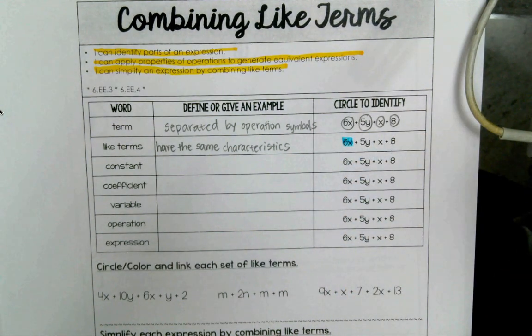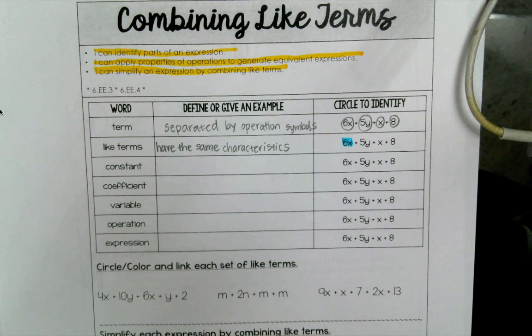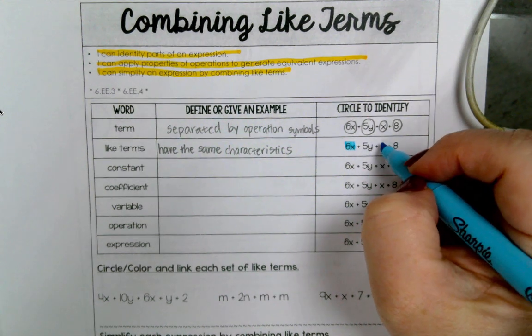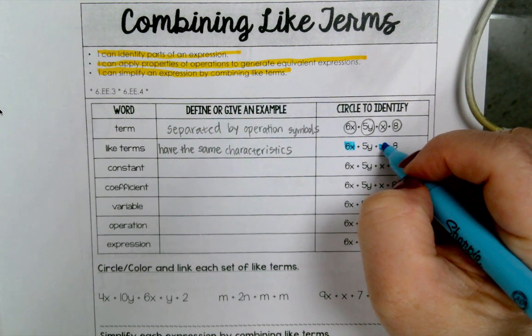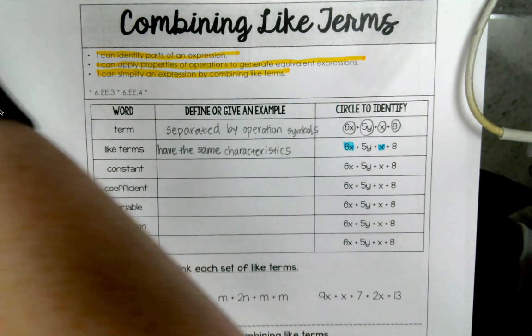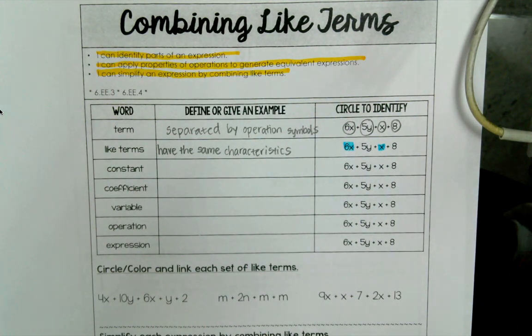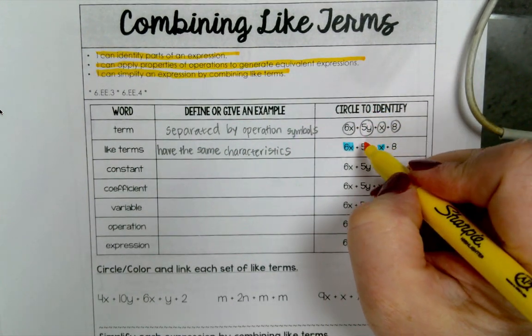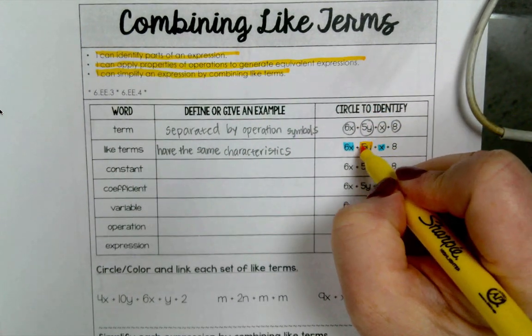Now I'm going to look for another term that has the variable x. And I see x all by itself. So it is still a like term. I don't have any more with x, so I'm going to put that away. Now I'm going to go to my next term, 5y, and highlight 5y.